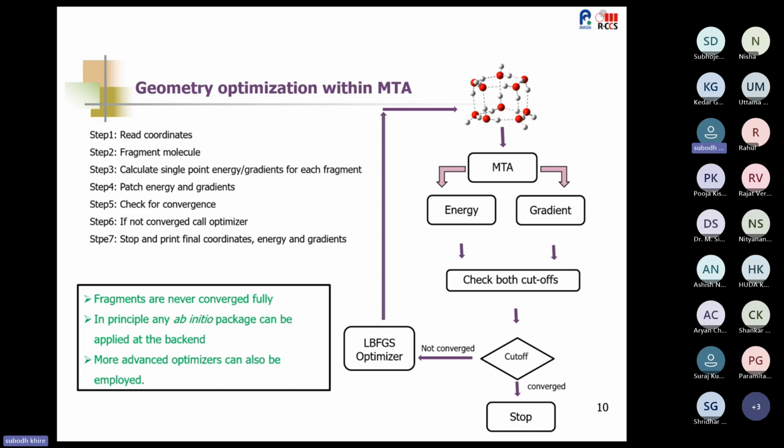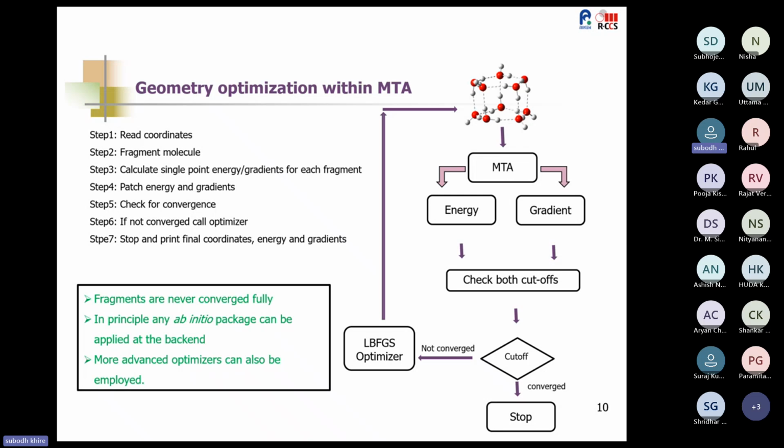Or if it is not, then this energy, gradient and the Cartesian coordinates of the molecule will be given to any optimizer. Right now we have implemented the LBFGS geometry optimizer because this is freeware and available in the literature.